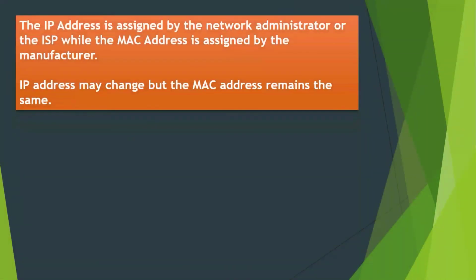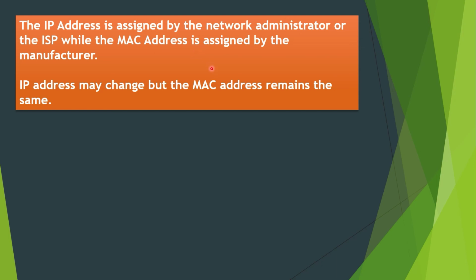Now let us understand the difference between IP address and MAC address. The IP address is assigned by the network administrator or the ISP, that is Internet Service Provider, while the MAC address, as we know, is assigned by the NIC manufacturer.